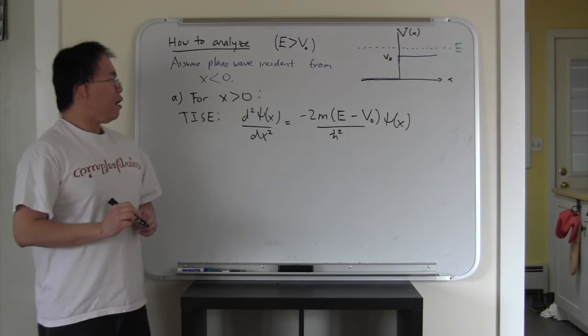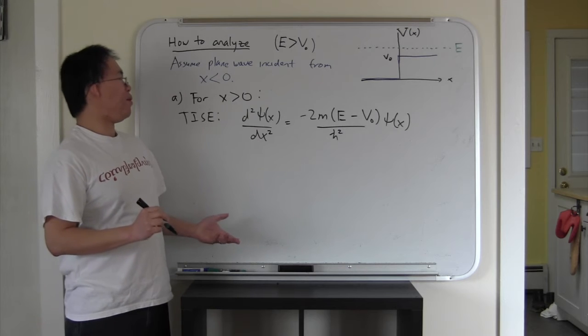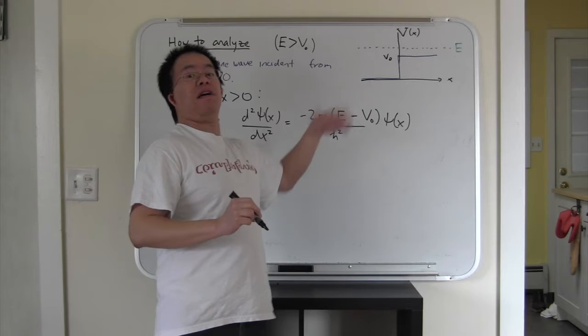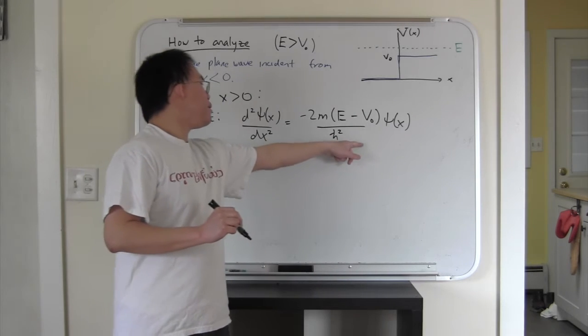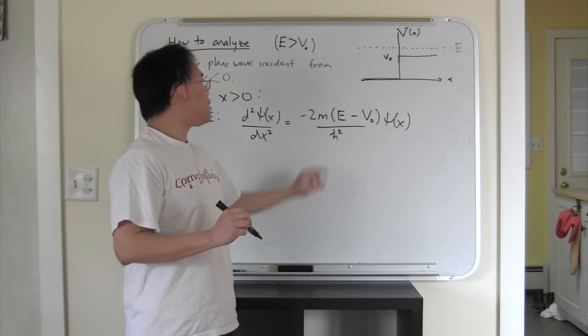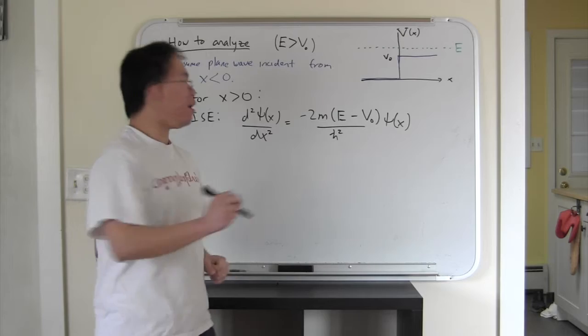So this still has a pretty similar looking form, and the reason is we're assuming that E is larger than V naught, so that E minus V naught is positive, and we have minus a positive definite thing times psi.